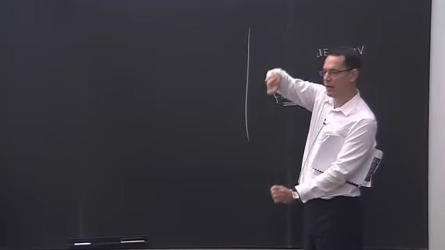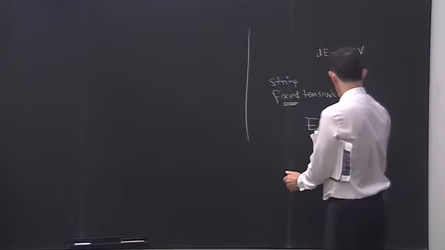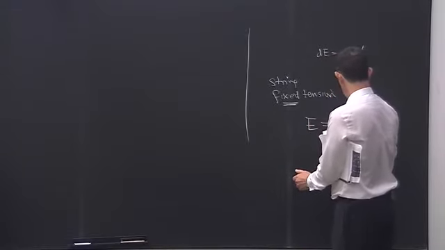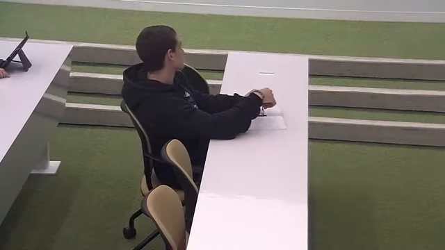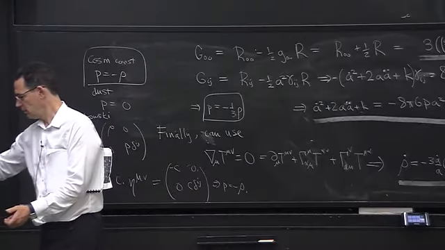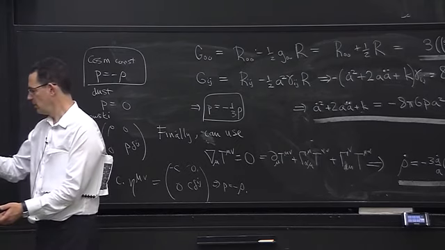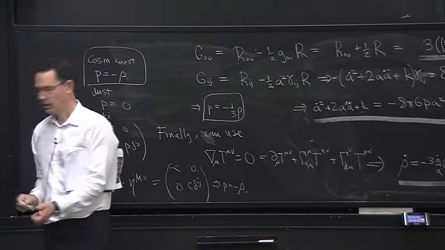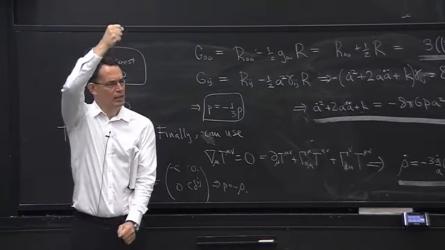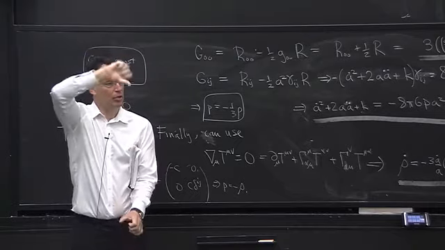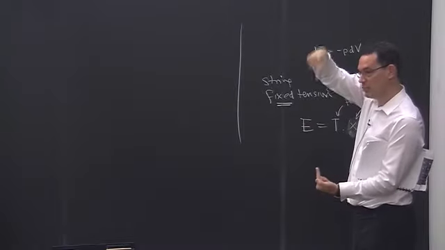So as I pull it out, the energy I get is equal to the tension, let's call it T, times the length X, if X is the length. So how do I account for this energy? Well, the reason I get that energy is because I'm doing work against a tension which is pulling inwards.